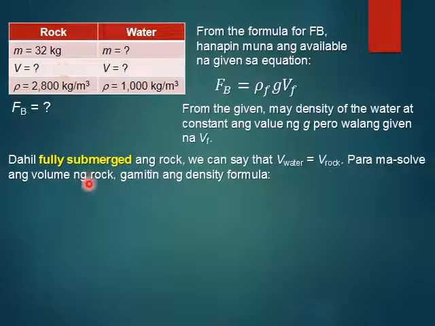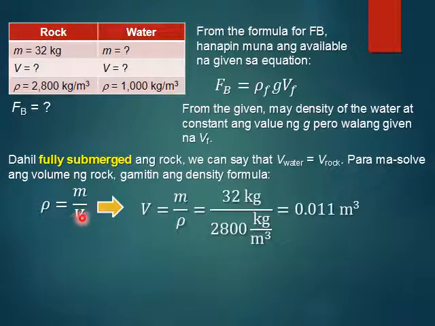So, para ma-solve ang volume ng rock, anong gagamitin natin? Gagamitin natin yung density formula para sa rock. So, dito na tayo magpo-focus ng attention. So, the density of the rock is equal to mass over V. Okay? So, therefore, to compute for the volume, pagpapalitin lang natin yung position ng density and ng volume. So, you have the volume is equal to mass over density.